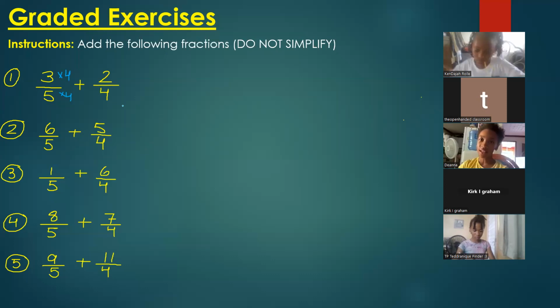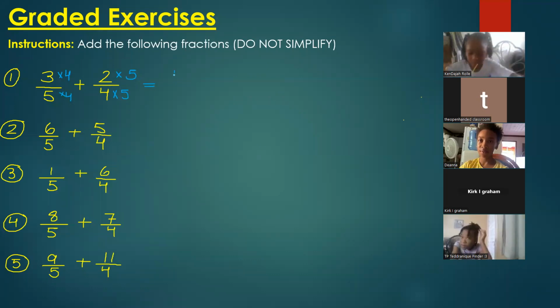Yes. Then we say, what times 4 gives us 20, which is 5, and we have to put the same number. Very good. So now we times it. So first we want to times the numerators. So 3 times 4 is 12. And then 2 times 5 is 10.